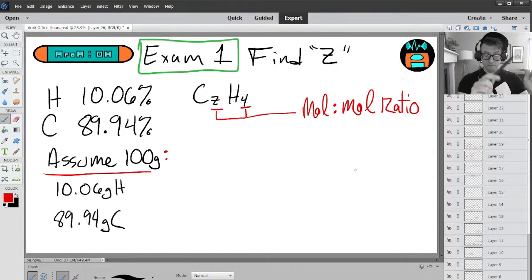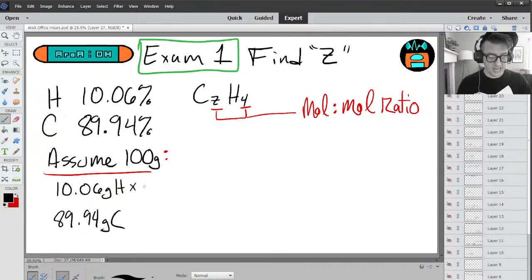And because we know the mass percentage of each, we can convert these masses to moles, and that'll give us the mole to mole ratio. So we can use the ratio we derive from our 10.06 grams of hydrogen and our 89.94 grams of carbon, and use it to figure out what number Z is.